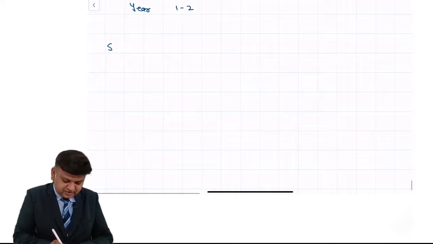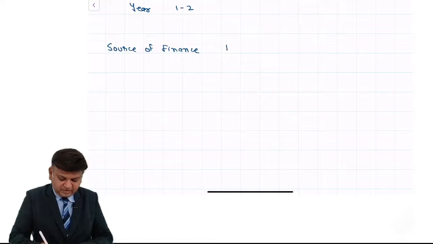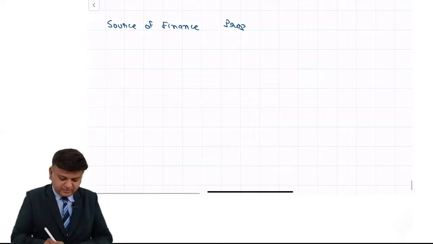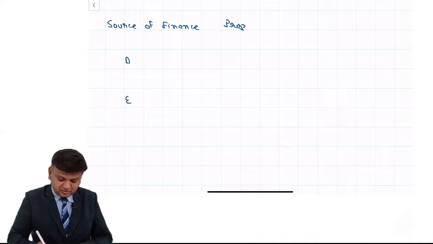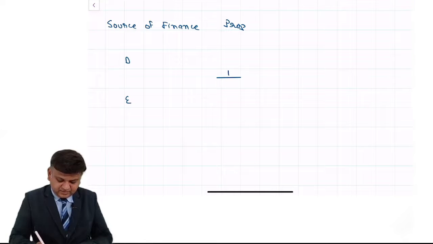So source of finance is column number 1. Then proportion. See over here it is debt equity. It is 1:1. So 1 divided by 1 plus 1. That comes to 0.5.